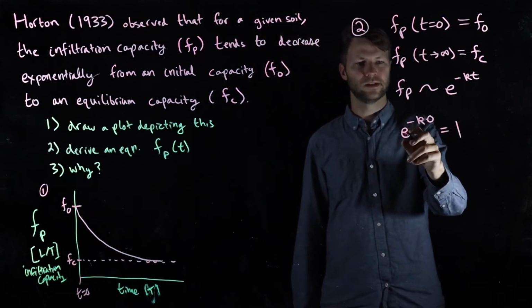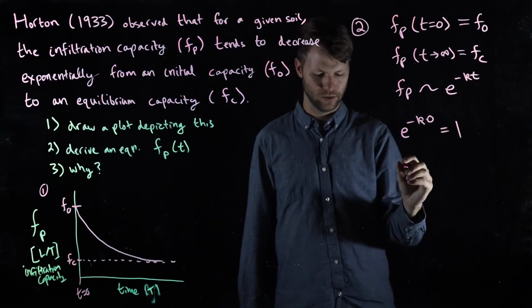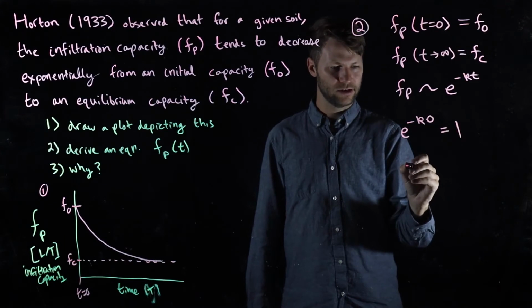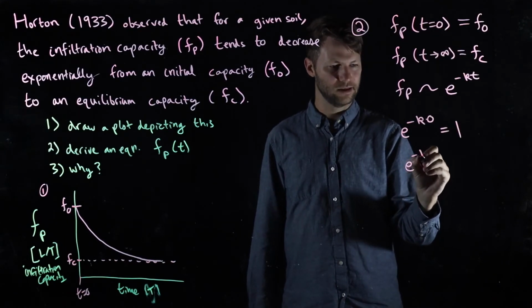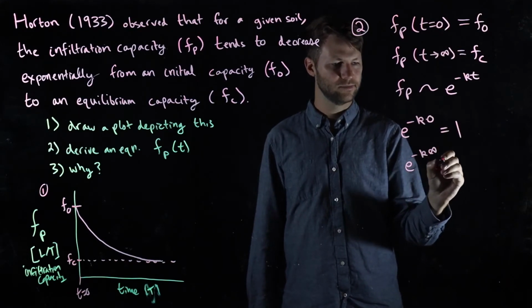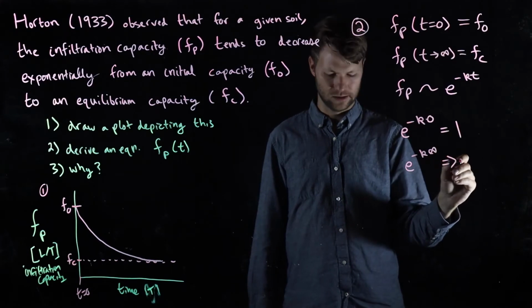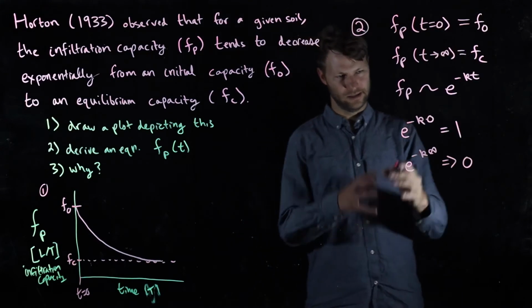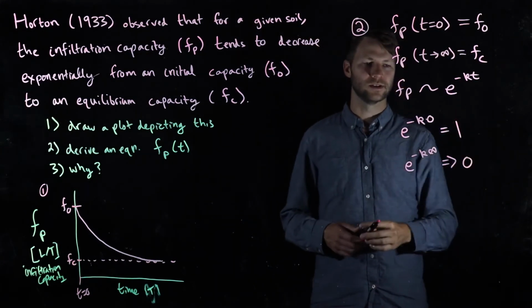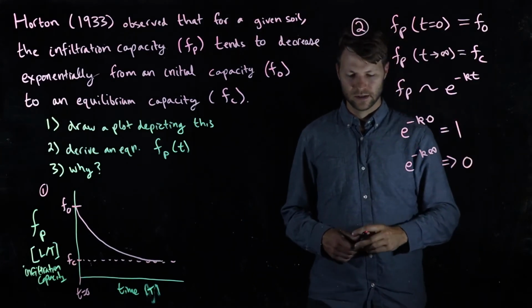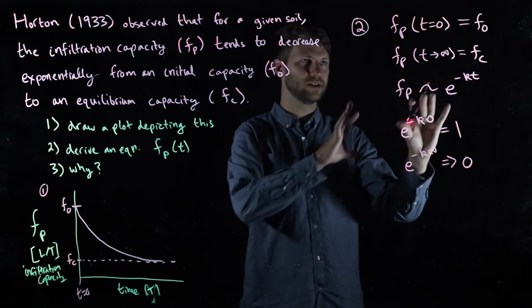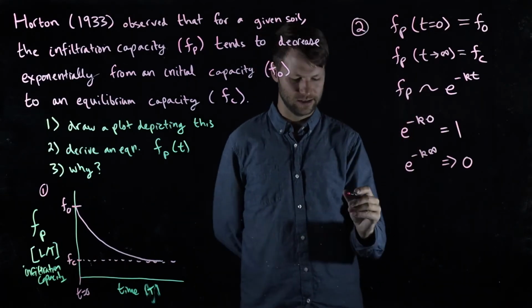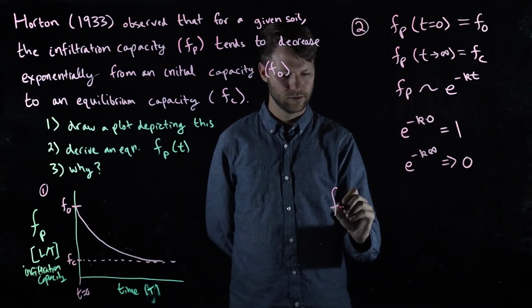So a number to the power of 0 is equal to 1. And I know that in the limit as I head towards infinity, this thing is going to approach 0 as well. So 1 over an increasingly large number, you're going to go to 0. So that should help me, putting this together, kind of describe what's going on here.